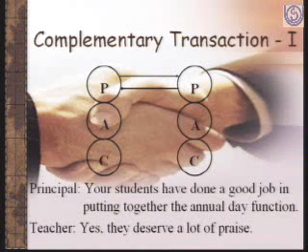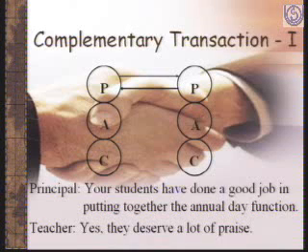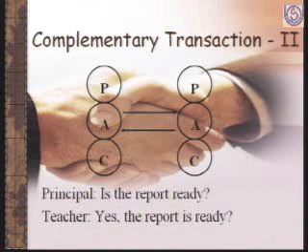The principal sent this message from his parent ego state and it was received at the parent ego state by the teacher. Therefore, this transaction is known as a complementary transaction. So this is one kind of complementary transaction. There are different kinds of complementary transaction which we would see in the next slides.